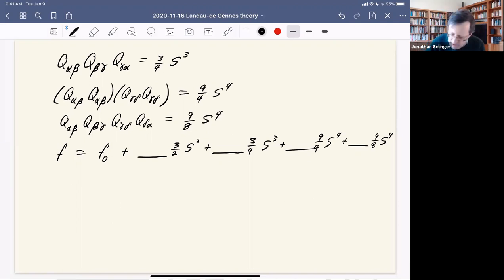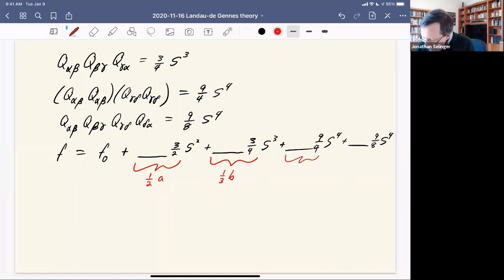For this coefficient, blank times 3/2, let's call that 1/2 A. And here, the blank times 3/4, let's call that 1/3 B. And this blank plus this blank, let's call all of that stuff 1/4 C.